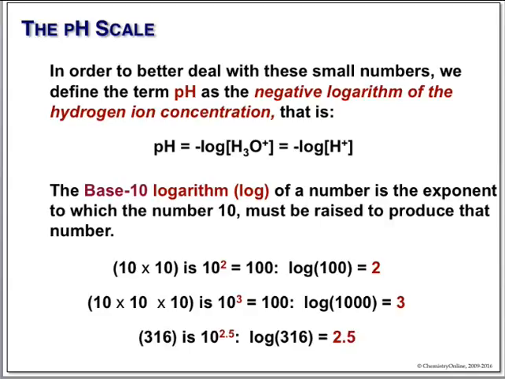If we had 2.5, and here's where it gets a little bit less intuitive, the log of 316 just happens to be 2.5. That's why you have calculators today. Again, when I was a child, we had to look these up in what were called log tables. And that was terrible. Now you simply push a button.